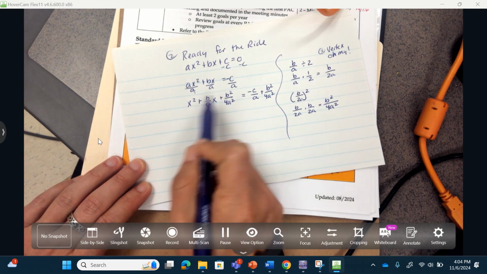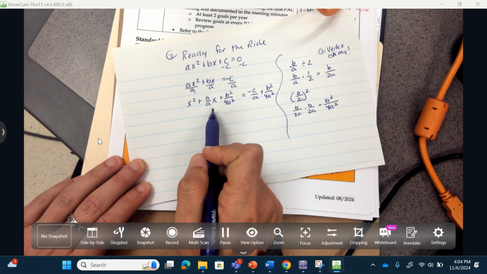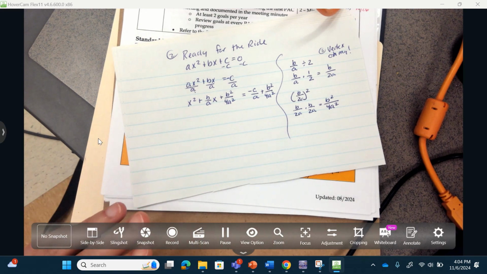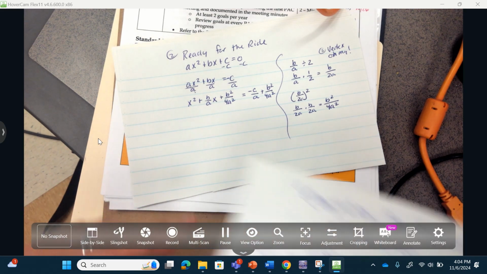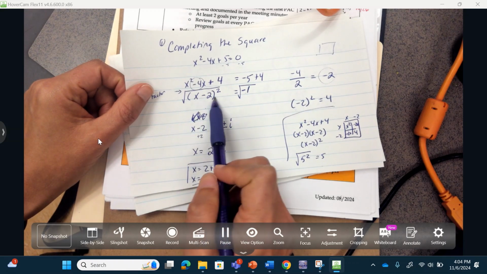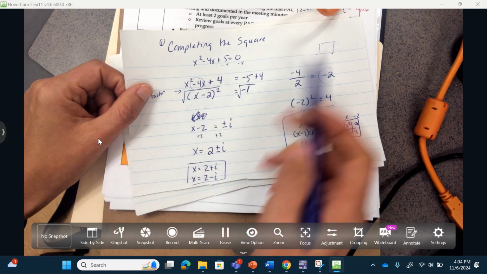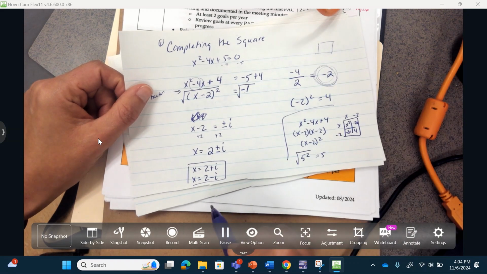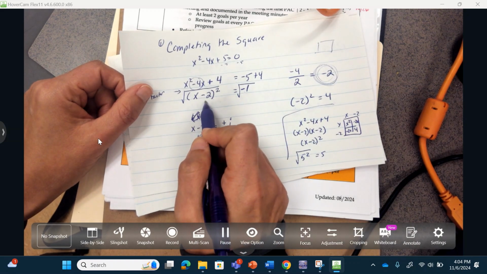Now, this, I'm going to ask you to just take my word for it because we haven't really done a lot of completing the square. When you go to figure out what the factors are, it will always be that number. You just save that number and that's what goes in the parentheses.